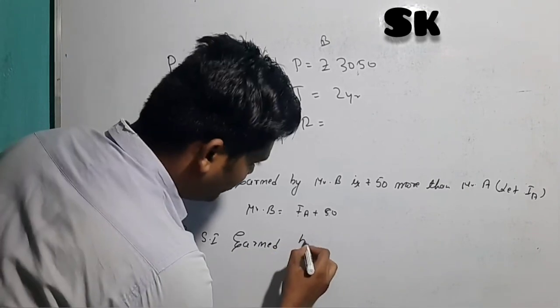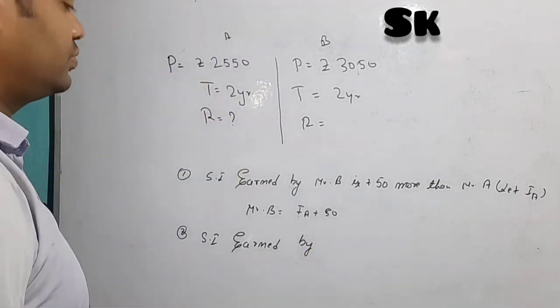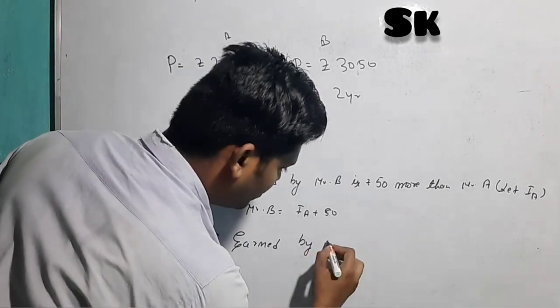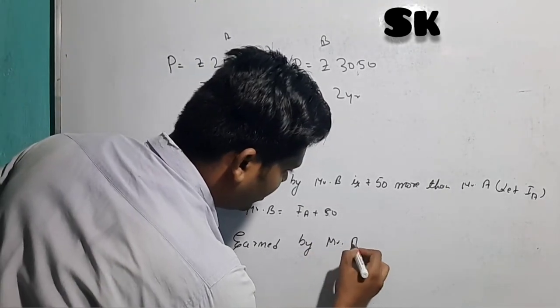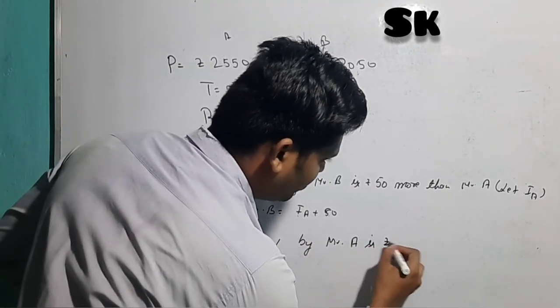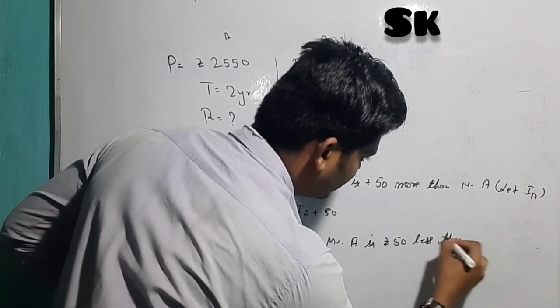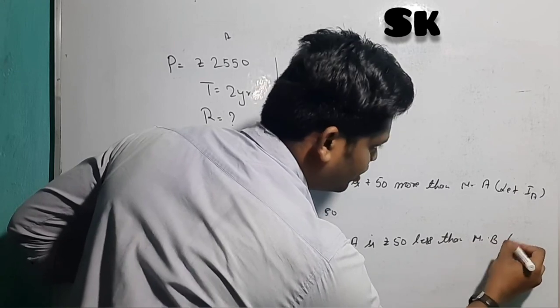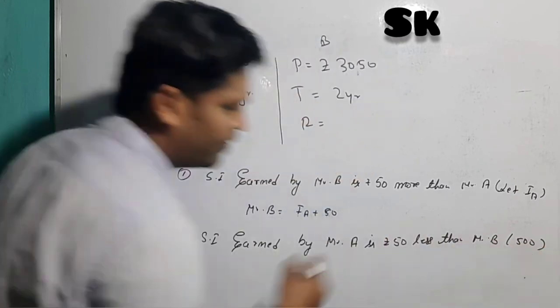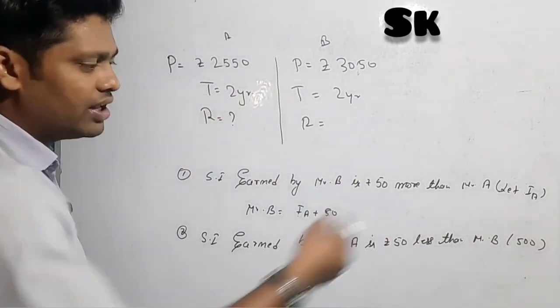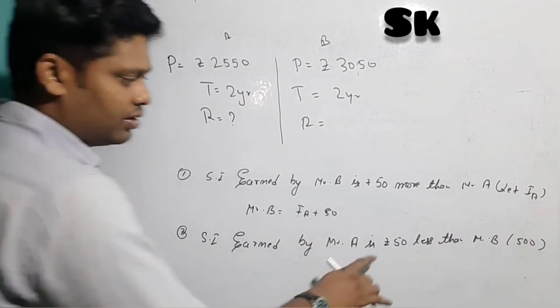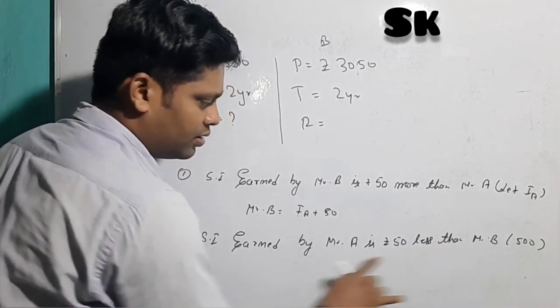Now the second case: simple interest earned by Mr. A is 50 rupees less than Mr. B. For example, Mr. B is 500. So is Mr. A earning more or less? Less.